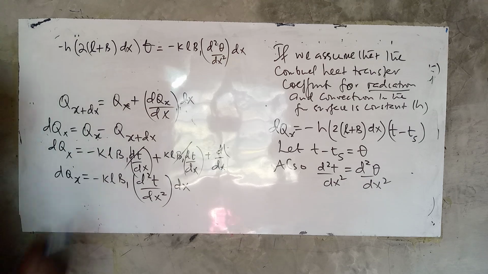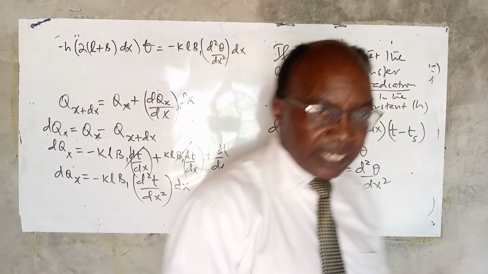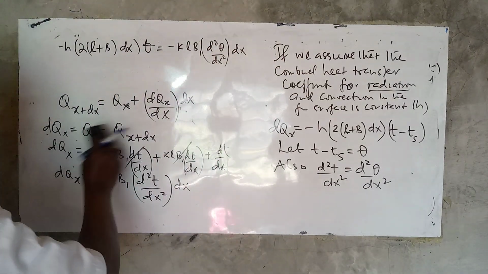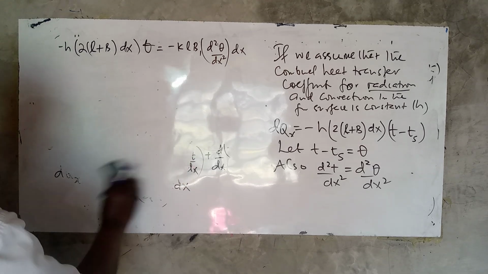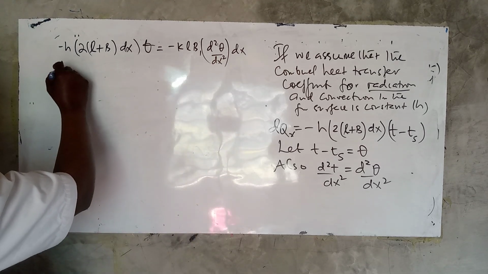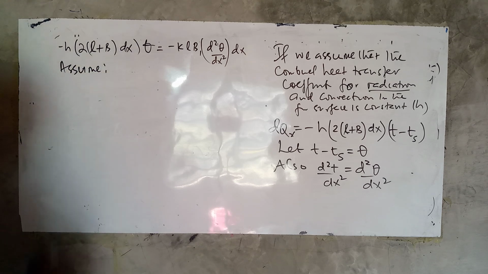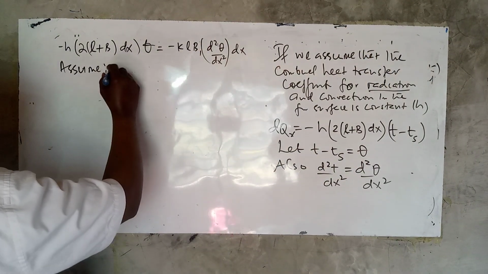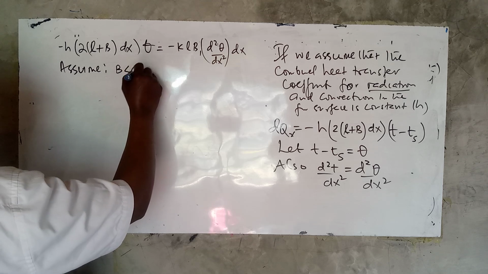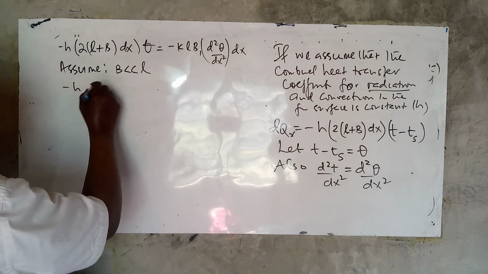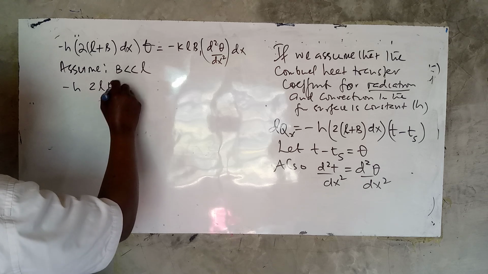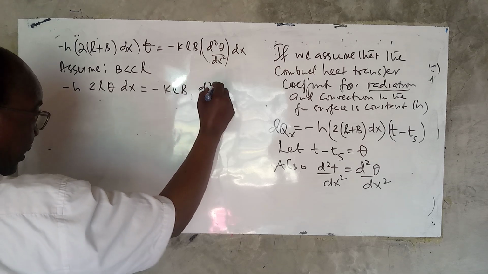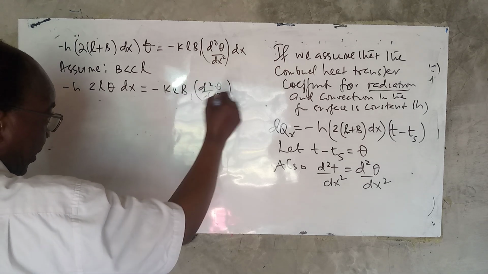Now, if we assume that b is much less than L, then we can simplify this expression into 2L theta dx equal to minus k L b1 b2 d2 theta over dx squared dx.